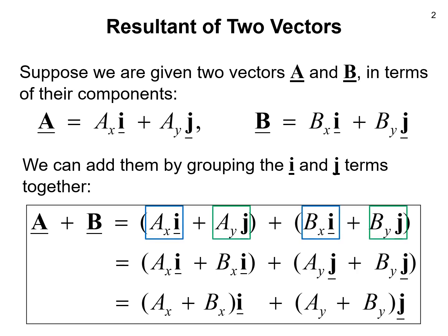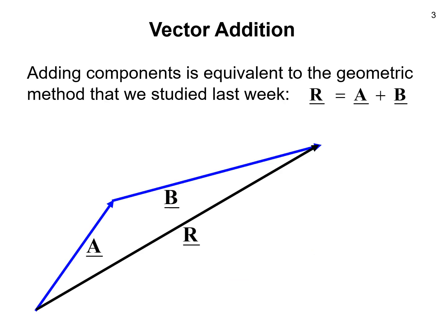And initially, of course, each vector has i and j, so I'll put blue for i and green for j. But also, I think you understand about rearranging the terms by addition. I can now regroup all the terms so that I have everything with i in one term and everything with j in the other term.